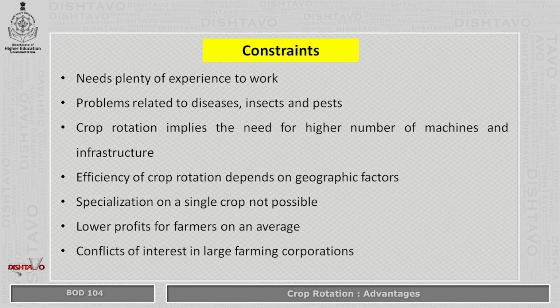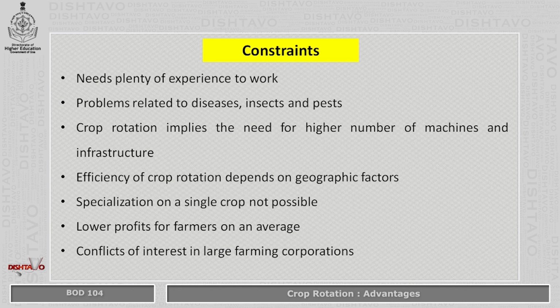Further, crop rotation implies the need for a higher number of machines and infrastructure because each crop that you will be undertaking will have its own requirements. Next, the efficiency of crop rotation depends on geographical conditions. Specialization on a single crop is not possible.